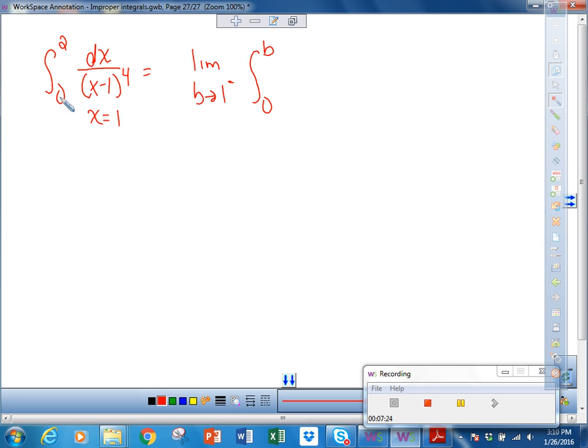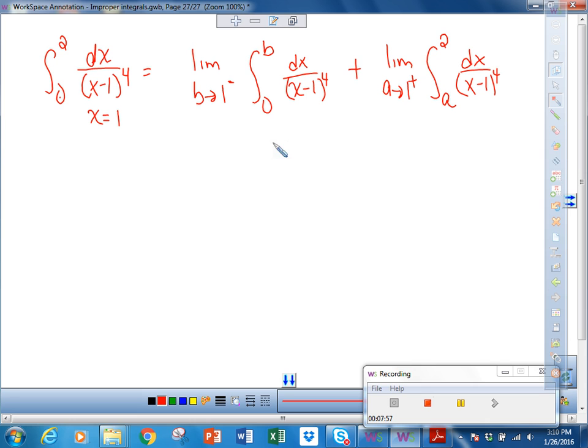I did from the left because when I go from 0 to 1, I'm looking at numbers to the left of 1. And this is dx over x minus 1 to the 4th, plus the limit as a approaches 1 from the right, and I'm going to look at that from a to 2, dx over x minus 1 to the 4th.